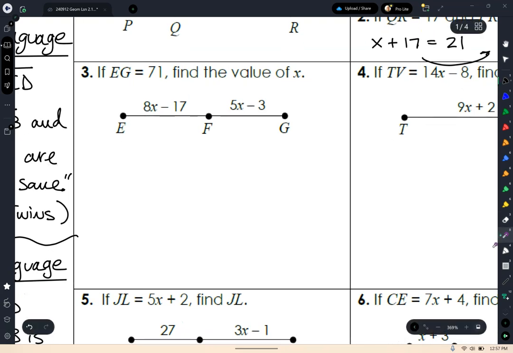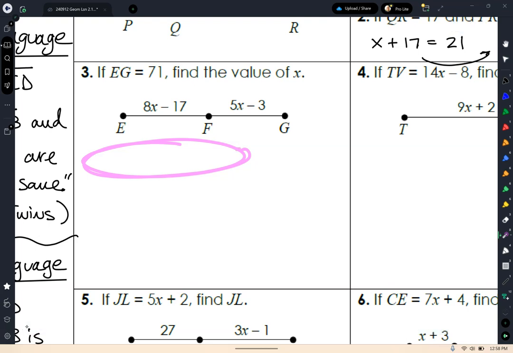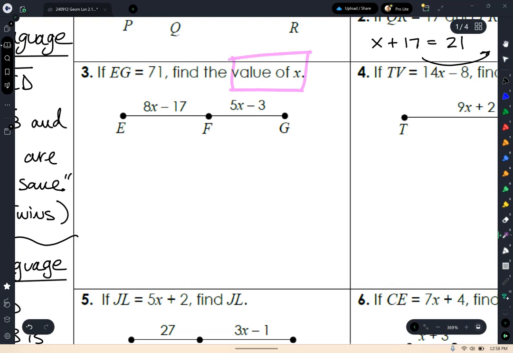What I would like you to do, and I want you to do it kind of over in this space on your paper right here, I want you to write me a math problem that's going to help me find the value of x if segment EF is 8 times x minus 17 units long, and segment FG is 5 times x minus 3 units long, and EG is 71 units long. Write me a segment addition postulate problem. Okay, go ahead.